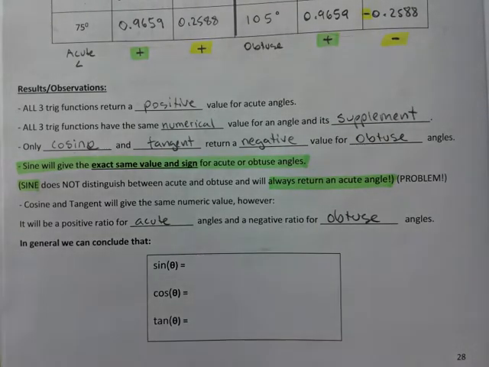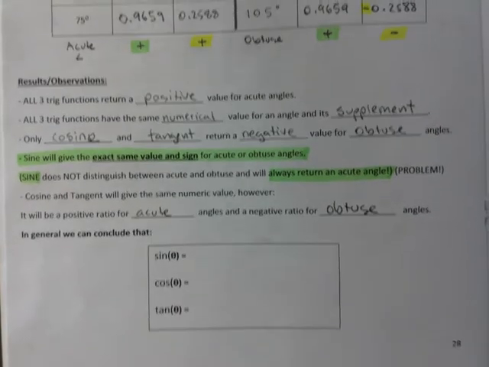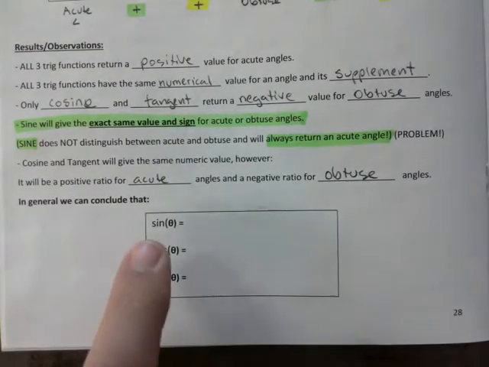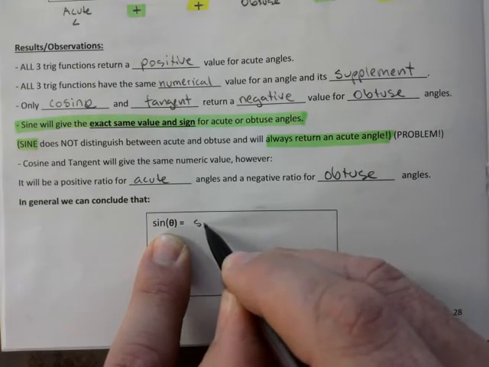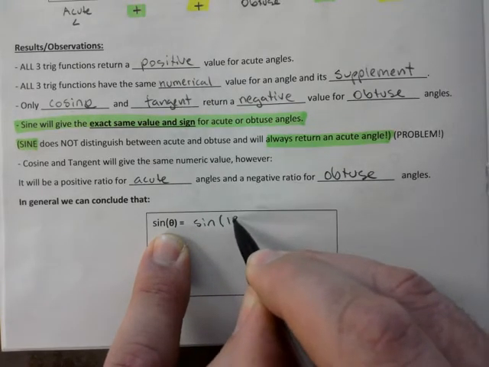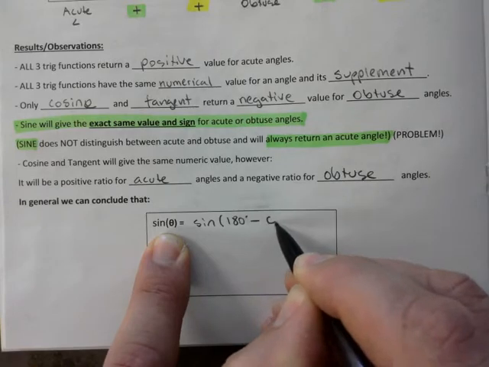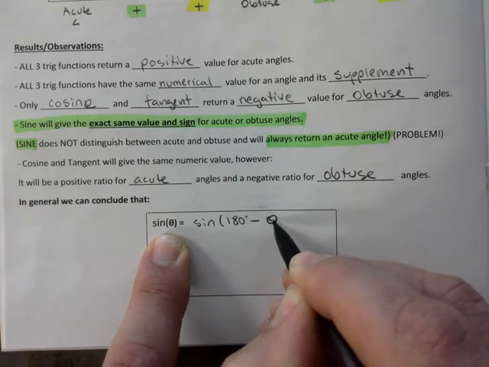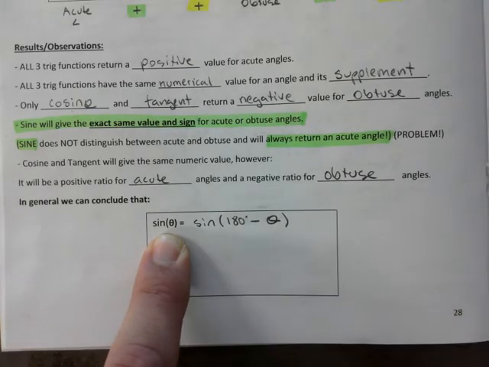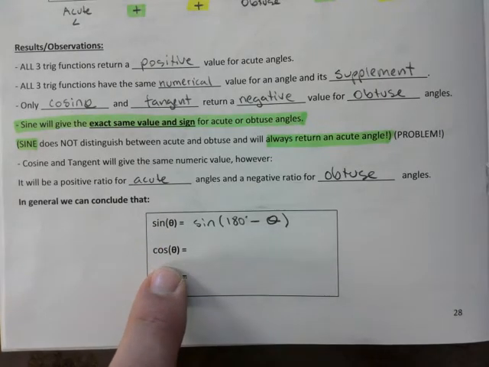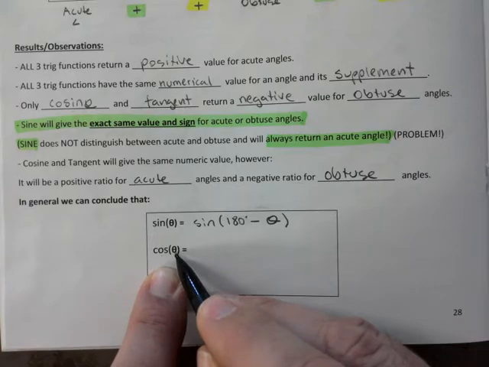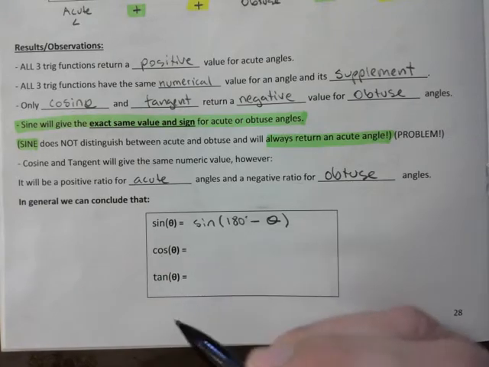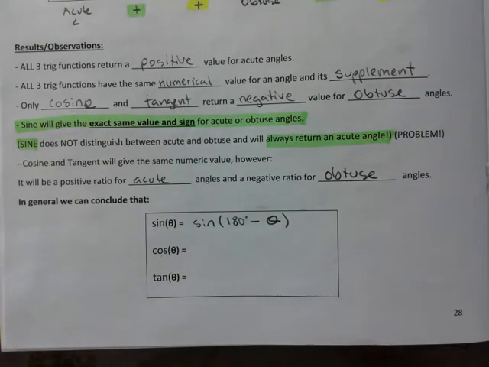In general, we will conclude, right? So this is where I sum everything up. Sine of the angle is going to be exactly the same as sine of, this should not throw you off, right? Theta is like this. I just make a circle and I come around like that. Okay. It's exactly the same. Cosine of theta, I'm going to use a red pen here.